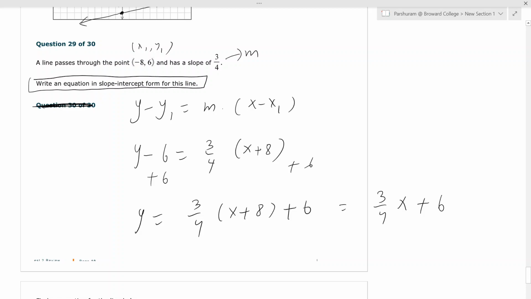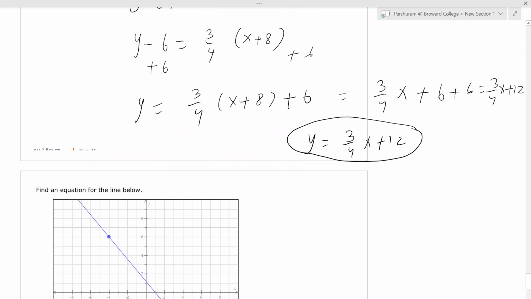Okay, if you multiply 3 over 4 and 8, that will be 6, and there is another 6 here. So that will eventually be 3 over 4 x plus 12. So this equation in slope-intercept form is y equals 3 over 4 x plus 12.